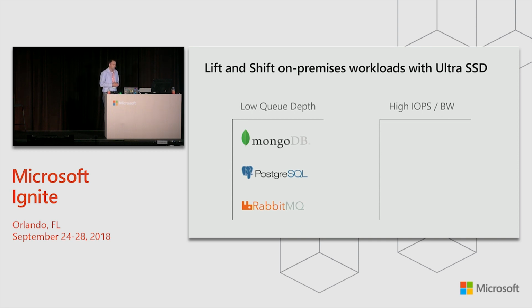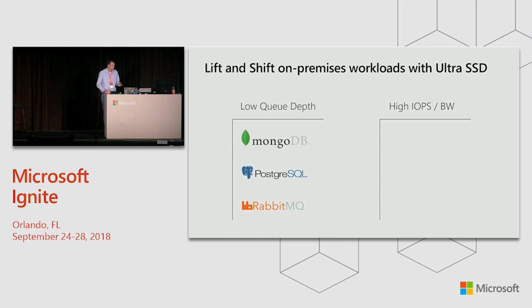When we take a look at the customer workloads, there's two major classes of applications that we see. We have applications that are synchronously designed, such that when an I/O goes out, you don't send the next one until you get an ACK back on it. Examples in this category are like MongoDB, Postgres, and RabbitMQ. In order to get maximum transactions per minute out of these types of workloads, you have to have a disk that has incredibly low latency.